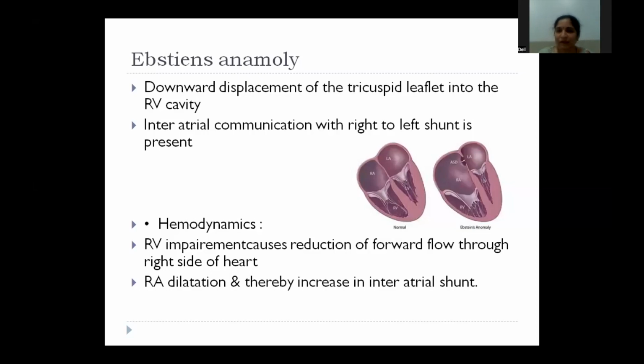Ebstein anomaly: there is downward displacement of the tricuspid leaflet into the RV cavity. There is interatrial communication with a right to left shunt. The hemodynamics are, because the RV is rudimentary or less compliant, there is reduction in the forward flow through the right side of the heart.